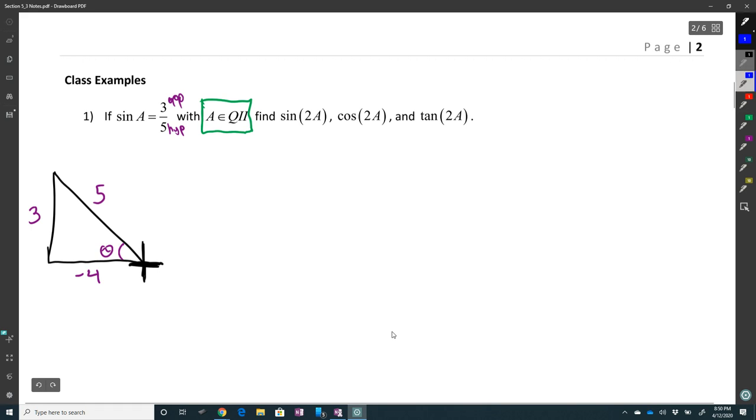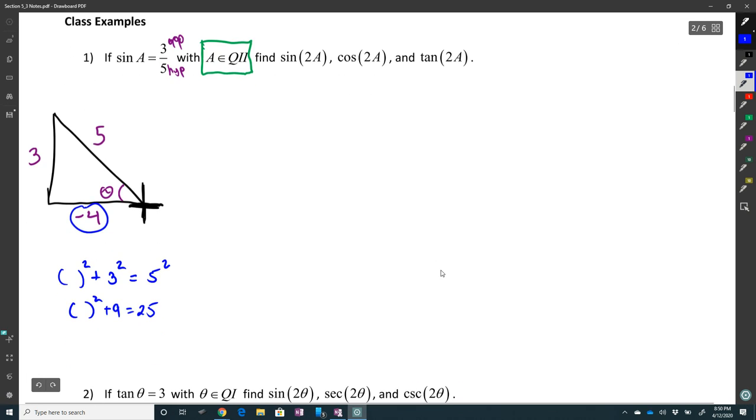If you want to know how I got that missing value, you just use the Pythagorean theorem. Blank squared plus 3 squared is equal to 5 squared. Blank squared plus 9 equals 25. Then you subtract 9 and take the square root.